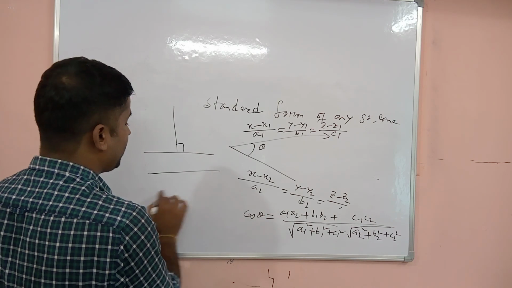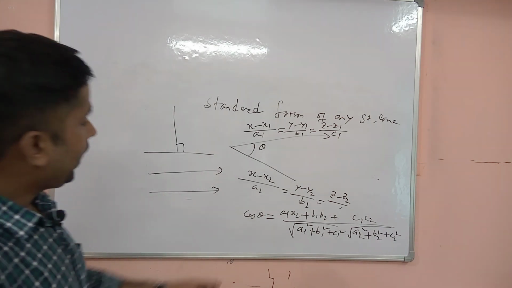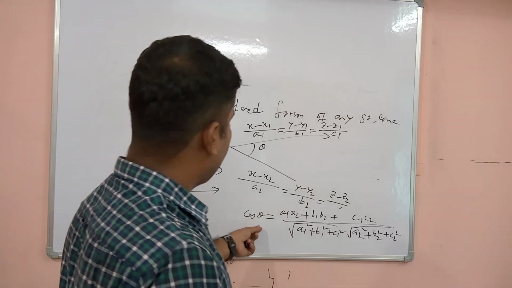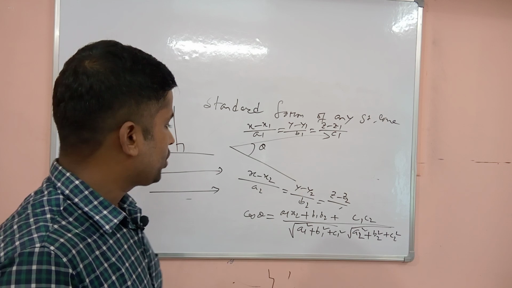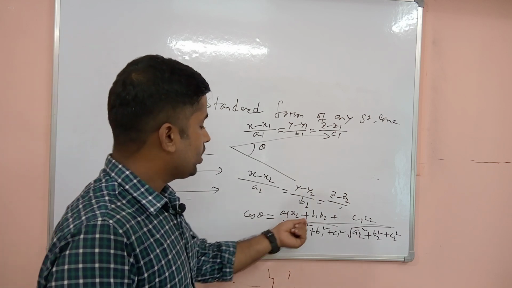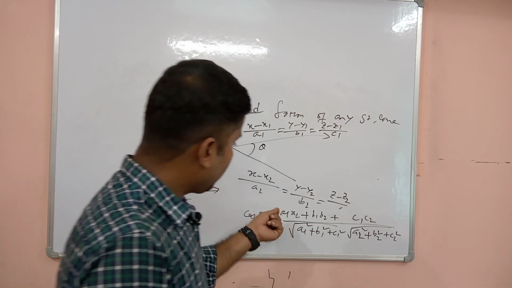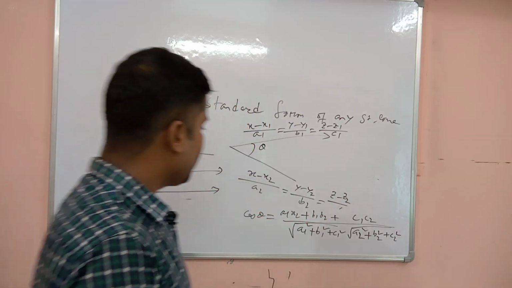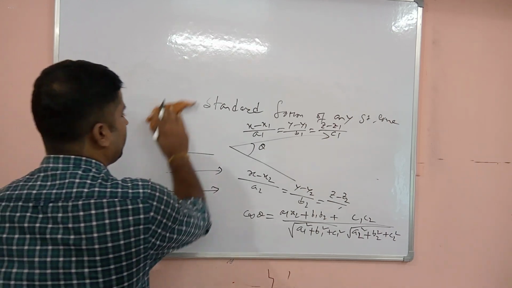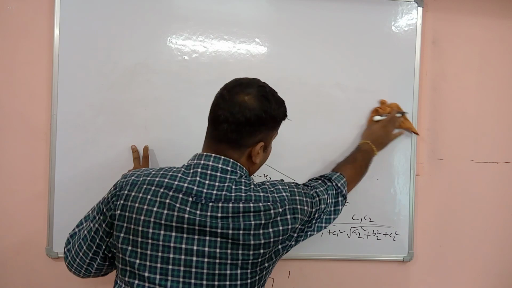If two straight lines are parallel to each other, then the angle between them would be 0, then cos 0 is equal to 1, meaning after simplification we shall get a1 by a2 is equal to b1 by b2 is equal to c1 by c2. These are two special cases.